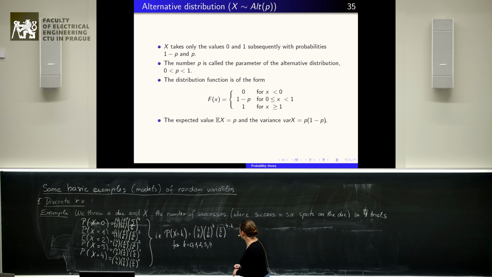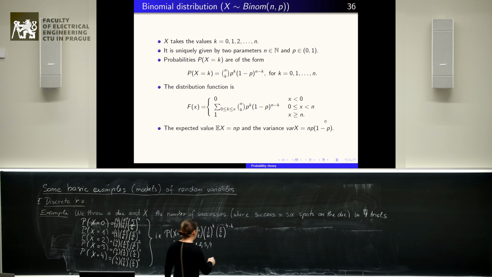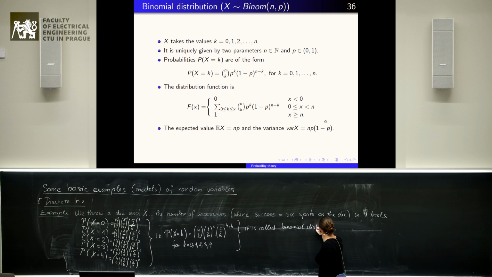And from this reason, this distribution is called the binomial distribution.